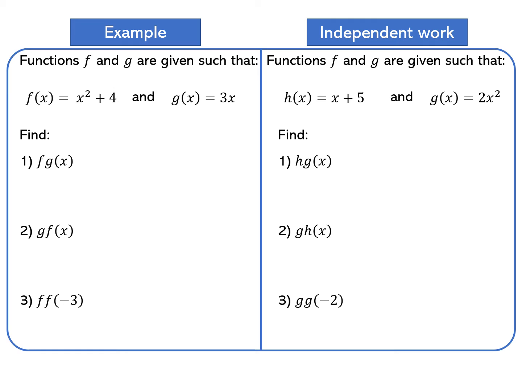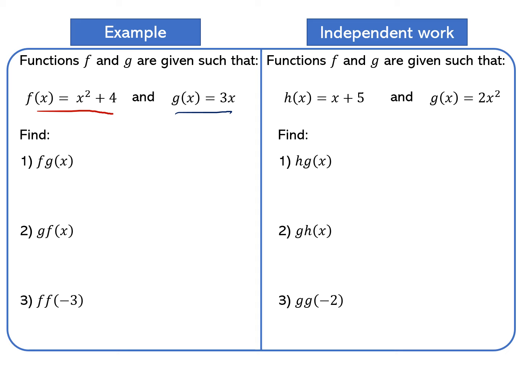Functions f and g are given such that f of x equals x squared plus 4 and g of x equals x plus 3. Find f of g of x. So what I'm doing here is substituting the function of g into the function of f.